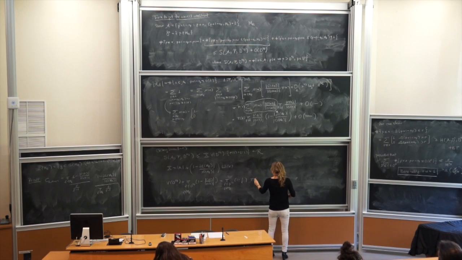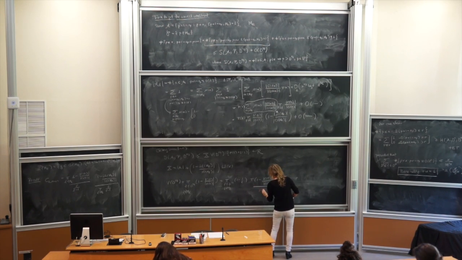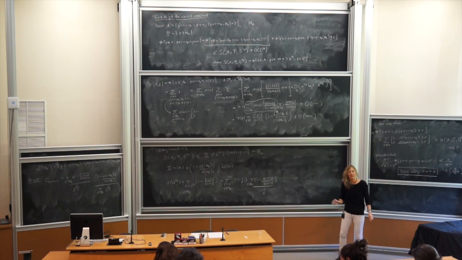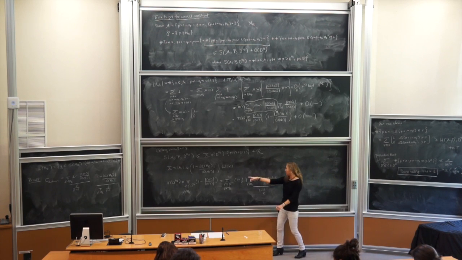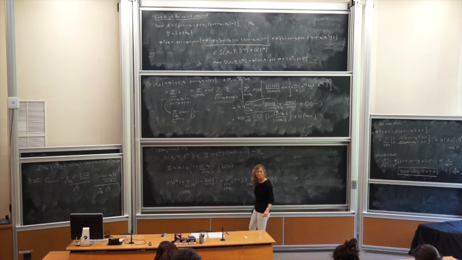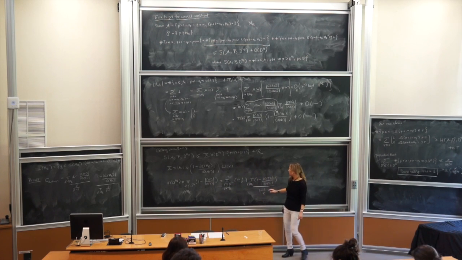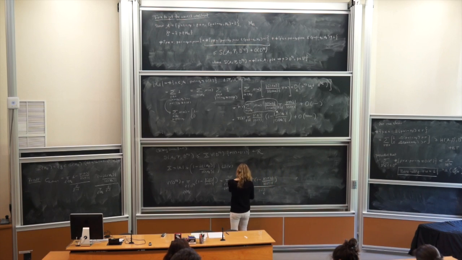No, minus 1. Okay, I did nothing. I just multiply and divide by that. So why did I do that? Because before it was a divergent product. Now it converges. And it converges, of course, to the Koblitz constant. This converges.